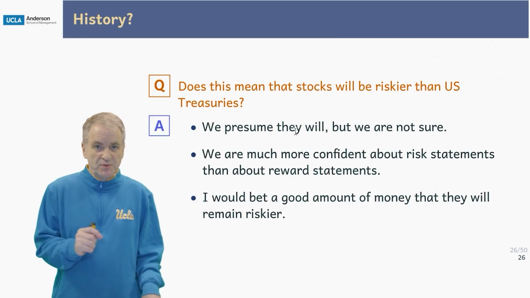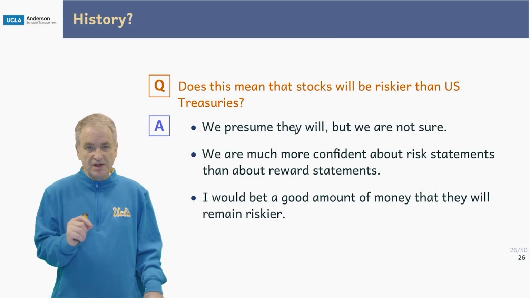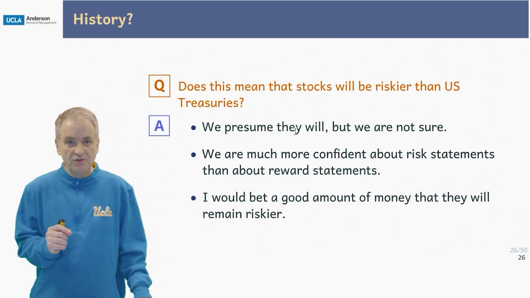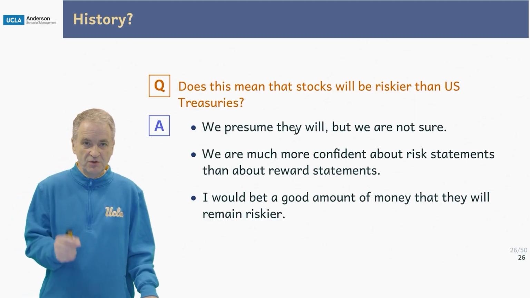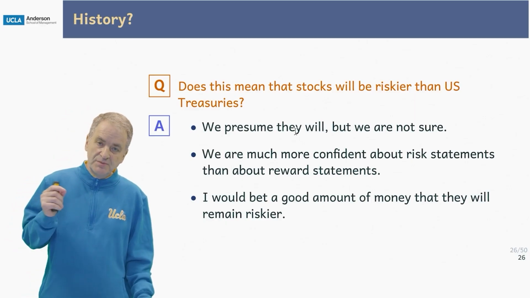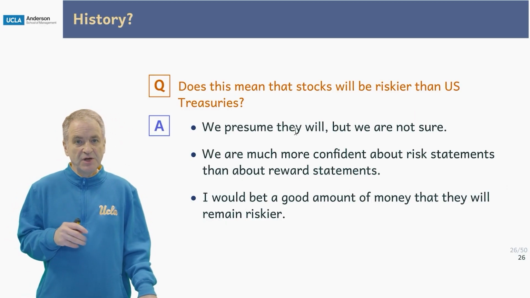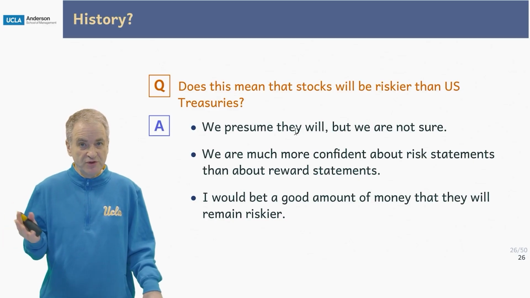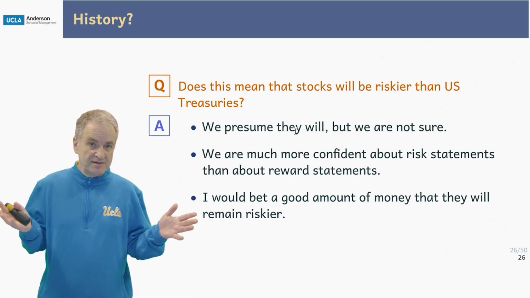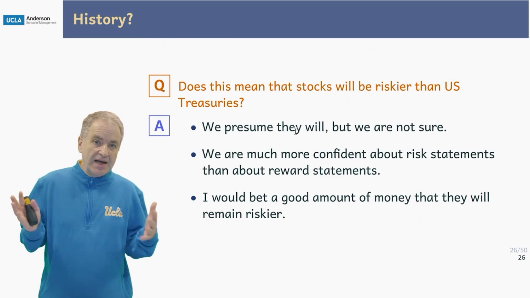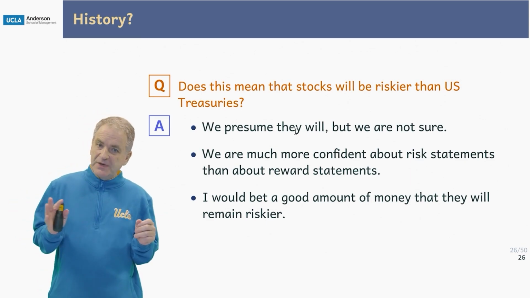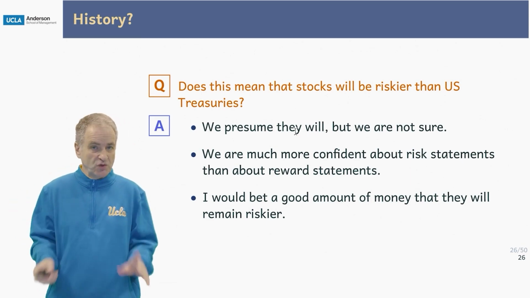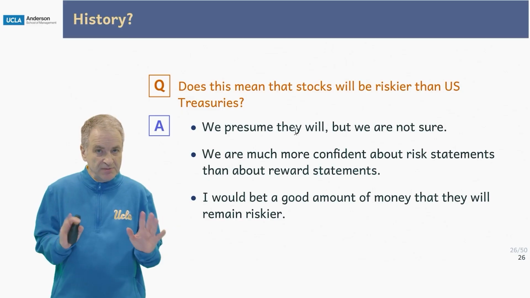We're not 100% sure either, but on this one, I would be willing to bet a good amount of money that this will actually continue to be true. Whereas in the previous slide, when I asked whether stocks will outperform treasury bonds, say over the next 10, 20 years, I think they will, but I am not that sure about that. So there I'd be much more hesitant.